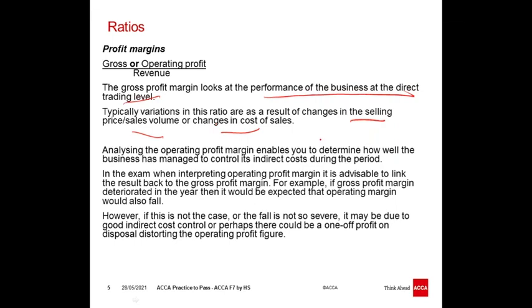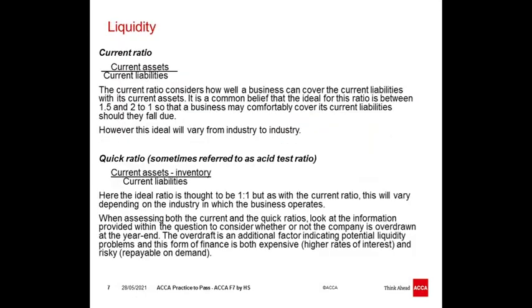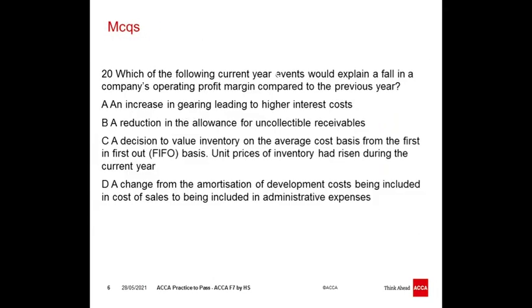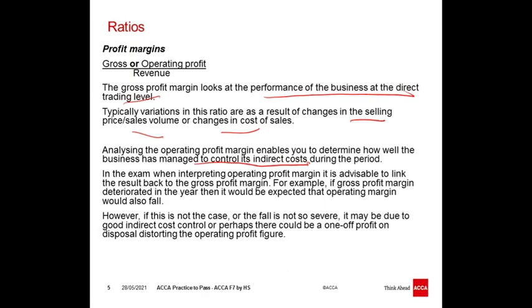Analyzing the operating profit margin enables you to determine how well the business has managed and controlled its indirect costs. And that's the point of calculating the operating profit. We need to see whether your expenses or indirect costs are controlled or not.